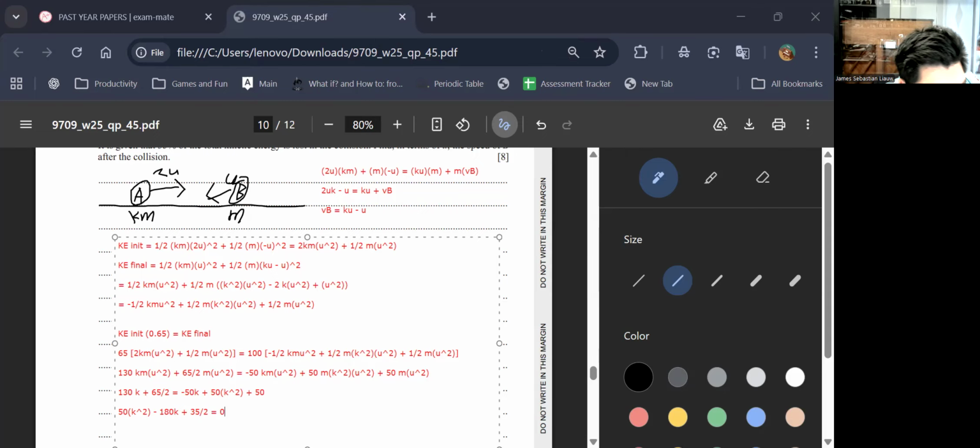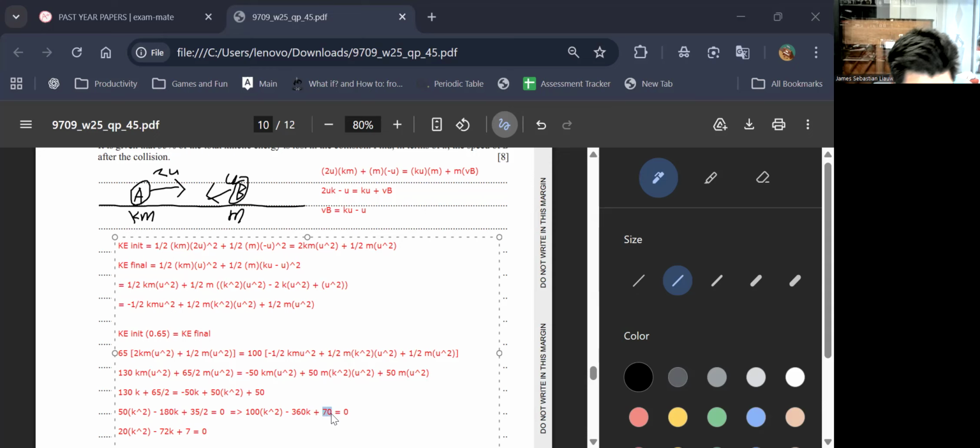And now we get a quadratic in k, which we can multiply everything by to get rid of the fraction. This simplifies to 20k squared minus 72k plus 7 equals 0.